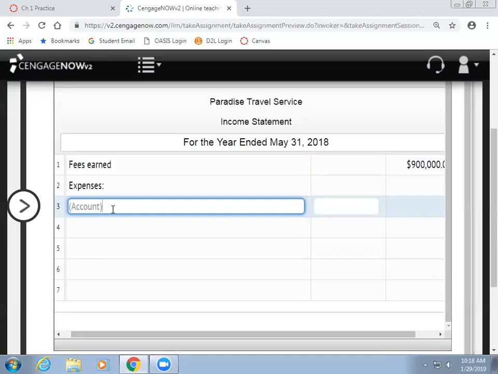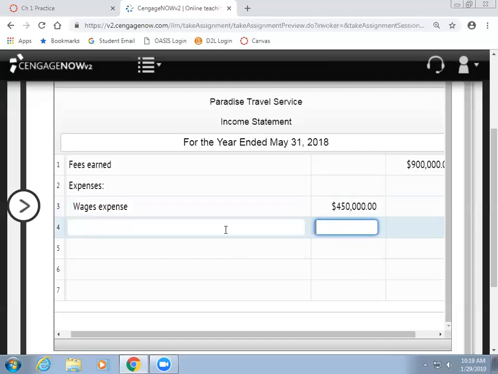And then we have 3 expenses that we're going to add up. Okay, so we have wages expense. So I'm going to type wages expense on line 3. And that amount is going to go in that first number column. And wages were $450,000. So wages expense of $450,000.